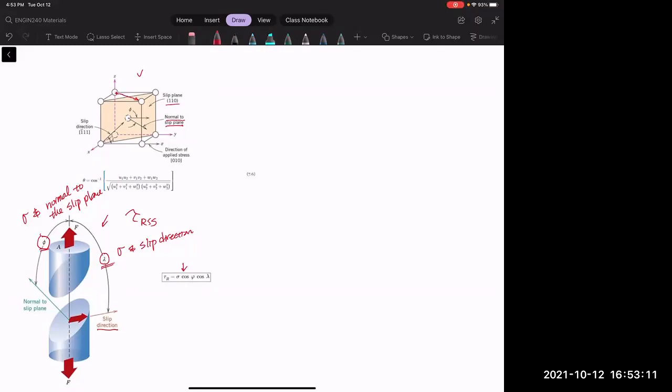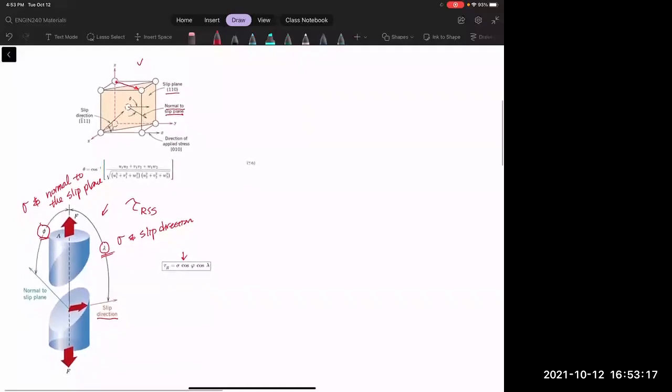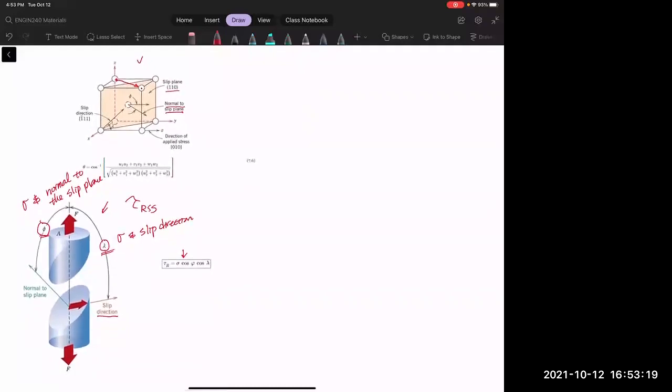And what is this direction? This point here is 1, 1, 1, right? And this point here is 0, 0, 1. So you take the subtraction of these two to get the direction.